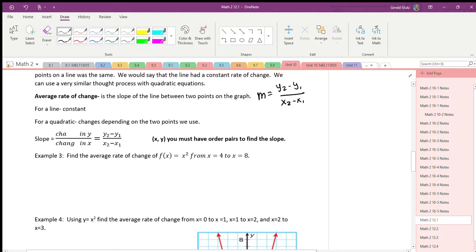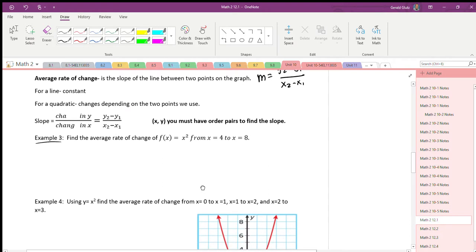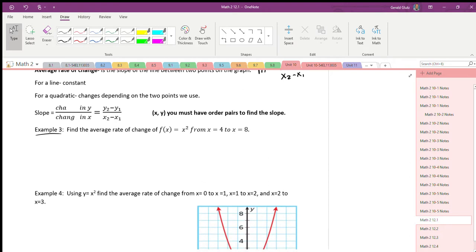I'm going to skip down to example 3 right here. So if I wanted to find the average rate of change of f of x equals x squared from x equals 4 to x equals 8, I'm just going to say that the average rate of change is equal to y2 minus y1 divided by x2 minus x1.